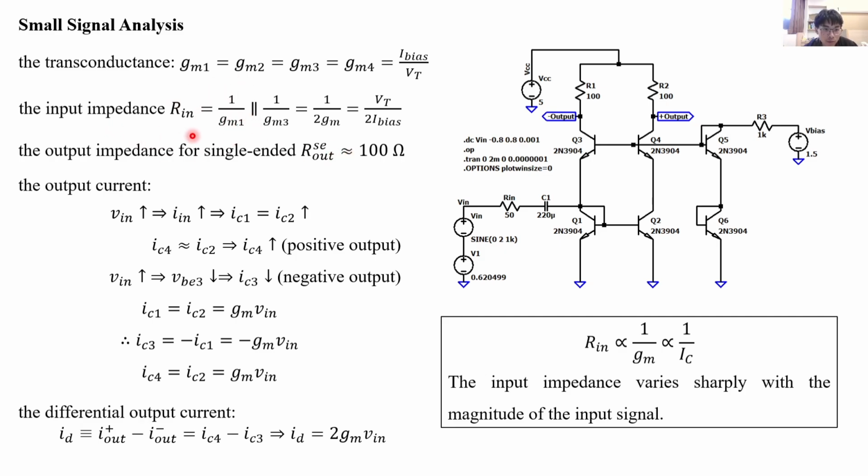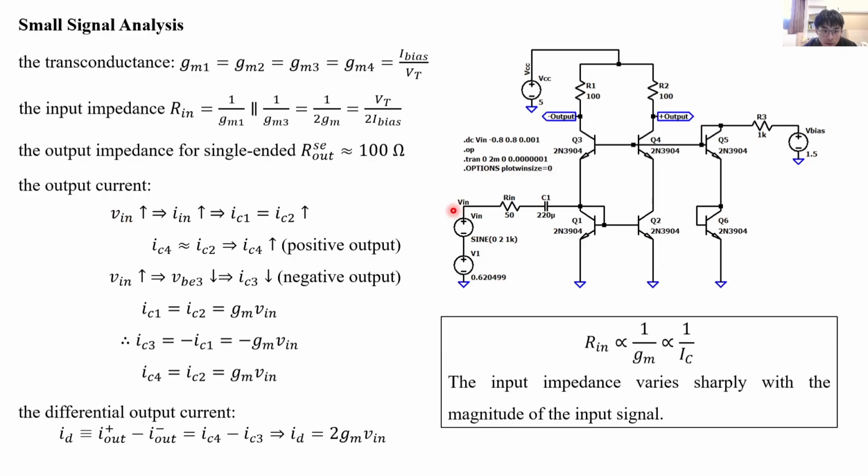So the input impedance goes to 1 over 2gm, equals Vt over 2 I bias, and the output impedance for single-ended is about 100 ohm.